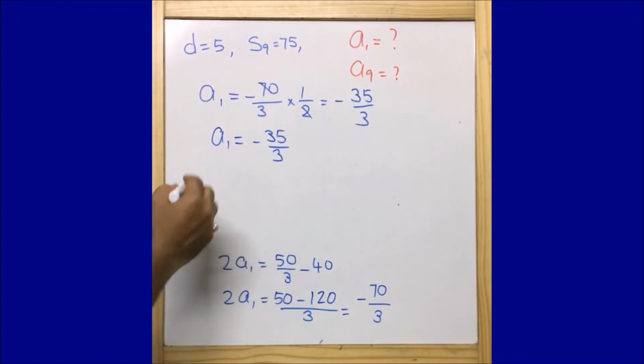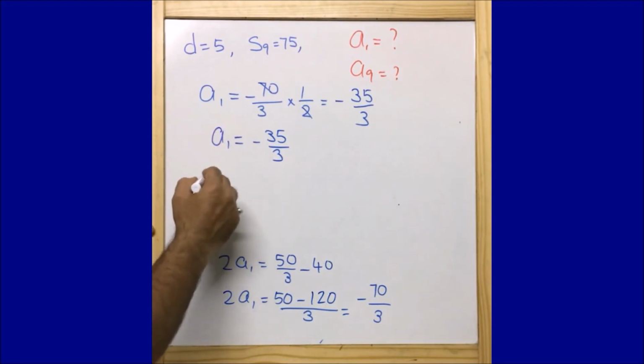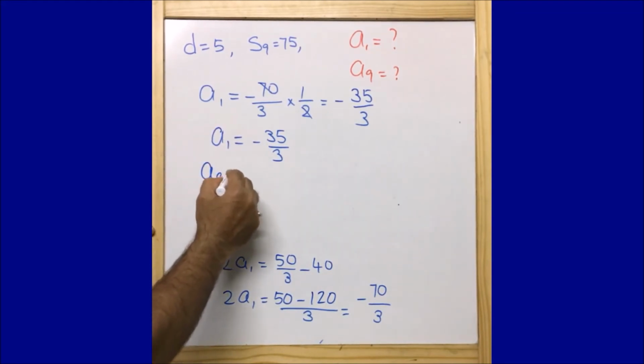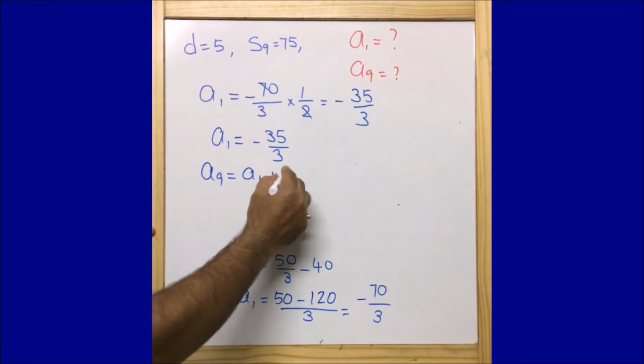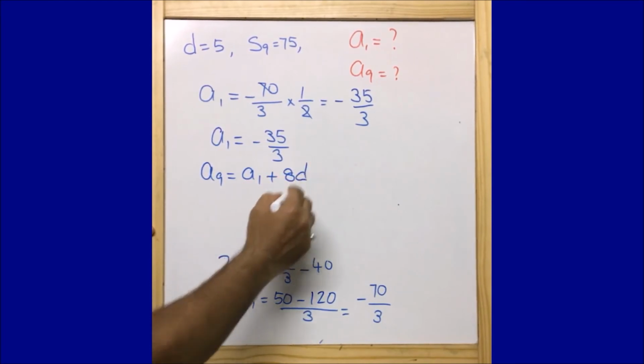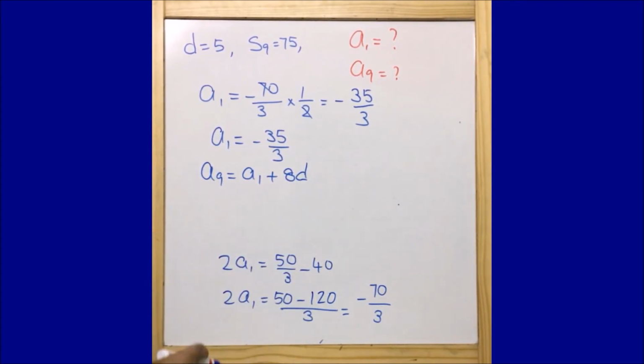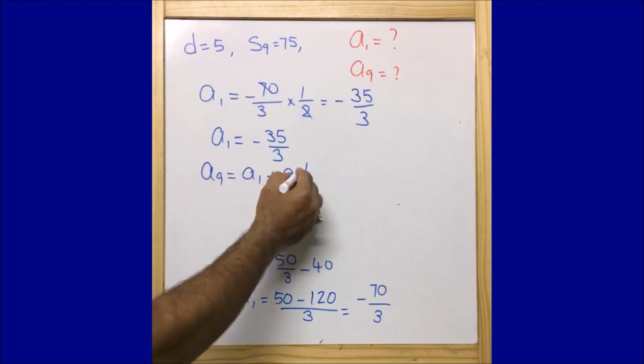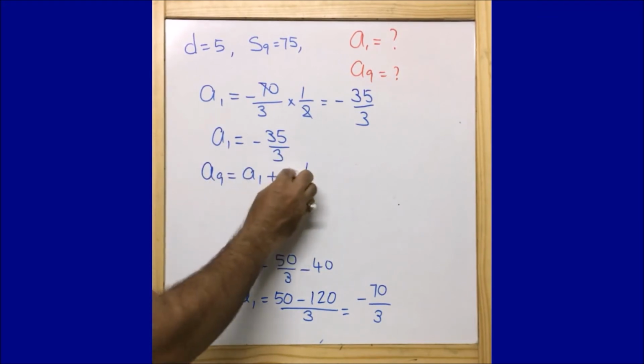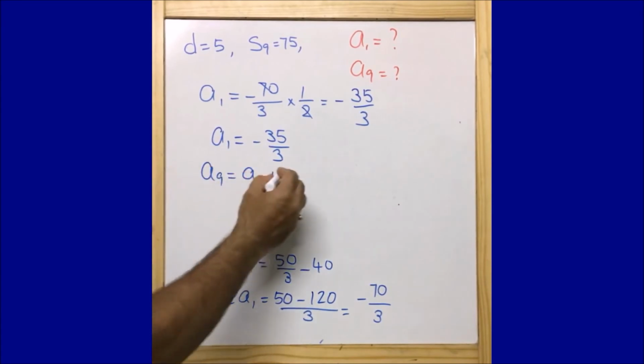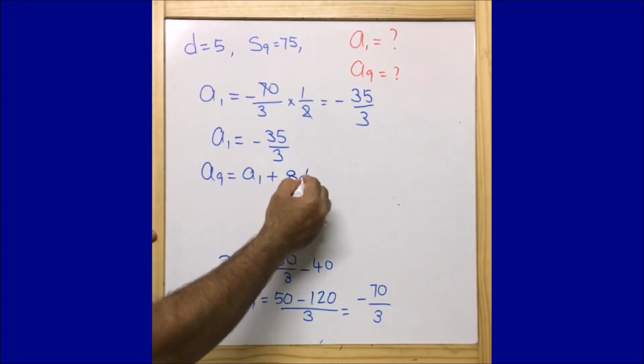Now we can easily get the value for a9. a9 I can write is equal to a1 plus 8d. We didn't consider any equation, but we know that a9 is equal to a1 plus 8d as per the logic that I told you earlier.